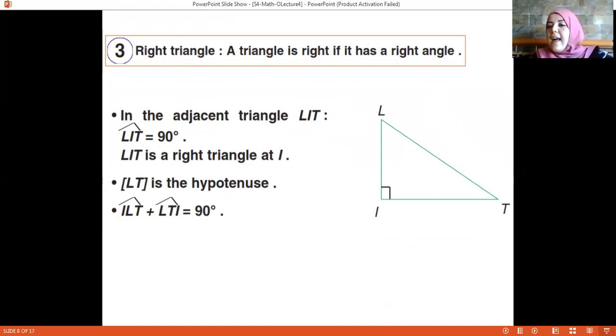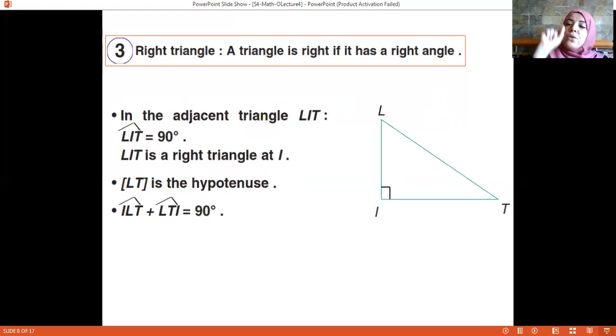EFG right at F means F is the right angle, 90 degrees. This is important: the side which is opposite, do you still remember that we said we have sides opposite to the angles? The side opposite to the 90 degree angle is said to be the hypotenuse. We say that LT is the hypotenuse.